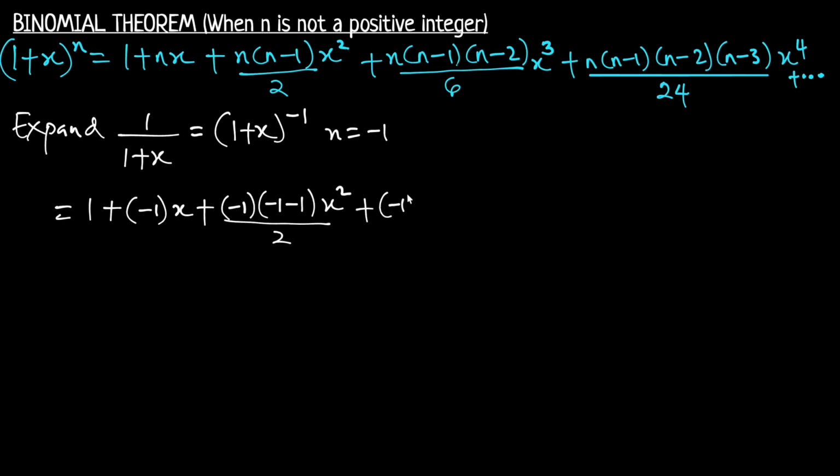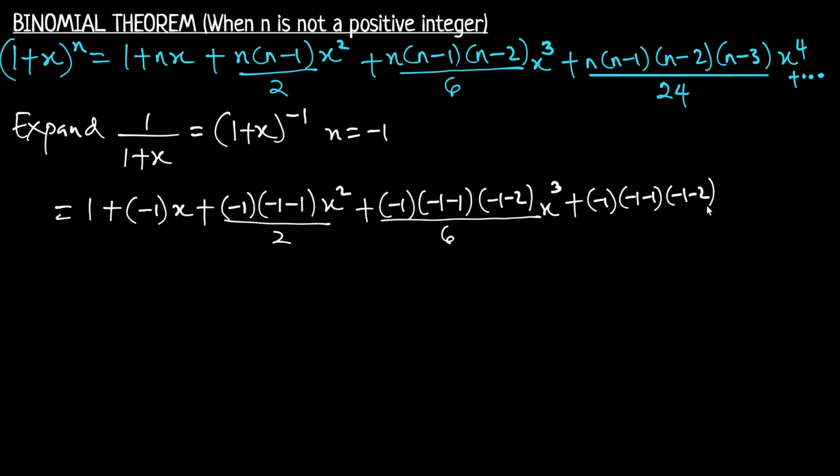Plus negative 1 minus 1, negative 1 minus 2 divided by 6, x to the power of 3. Lastly, negative 1 minus 1, negative 1 minus 2, negative 1 minus 3, x to the power of 4, all divided by 24. It goes on like that. I'm not going to be the one to do that.